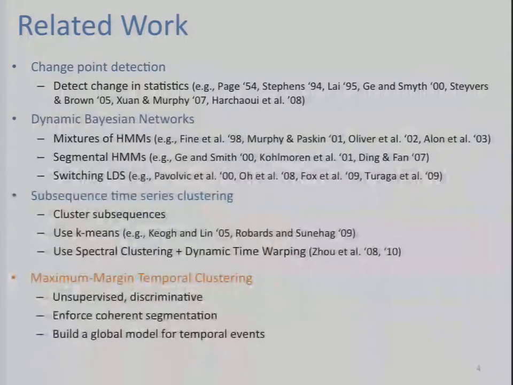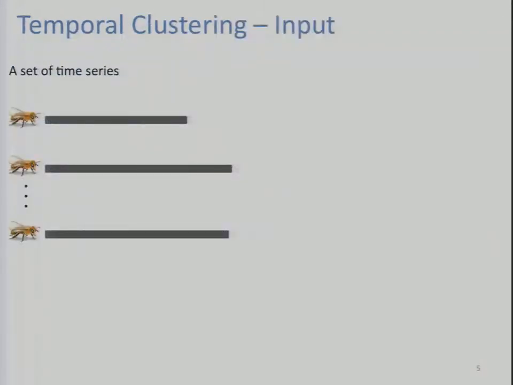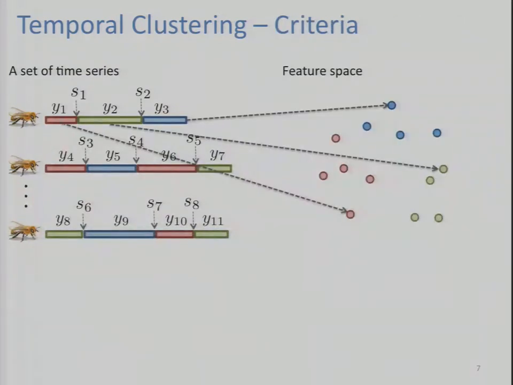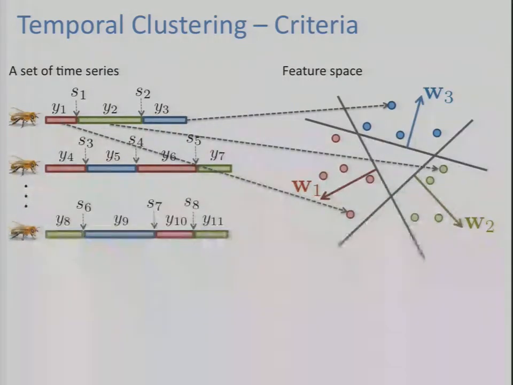So what we propose in this paper is an unsupervised discriminative method for temporal clustering. We invoke a coherent segmentation model and we build a global model for temporal events. Now let me remind you of what we want to do. Given a set of multi-dimensional time series, we want to find the change points and the class labels such that when we map to the feature space, points that belong to different classes can be separated.